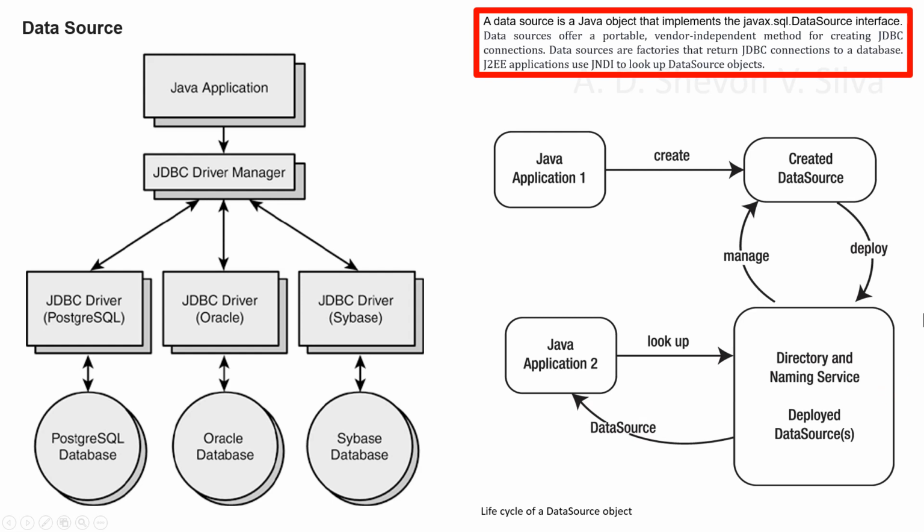Java application 1 can create a DataSource using some data source configuration from an XML file, a relational database, or a file-based system. Also, Java application 1 can register, or bind, and manage the created data source.